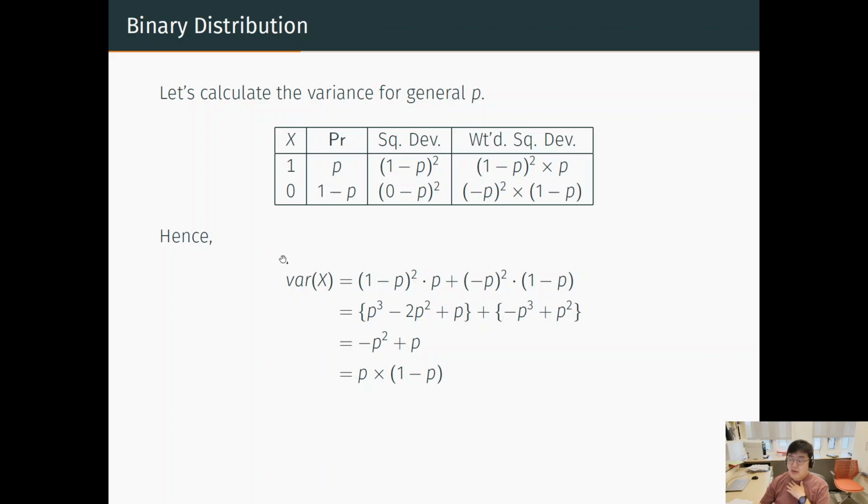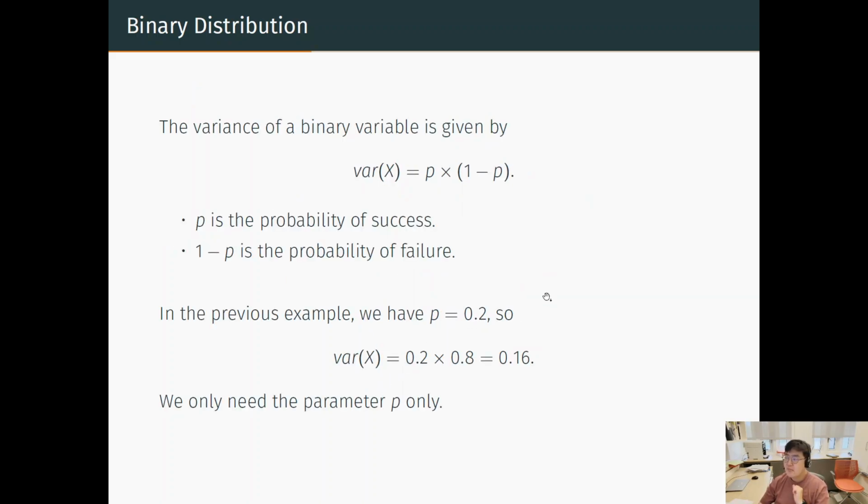In particular, I am going to interpret this as probability of success times probability of failure, right? So the variance of a binary random variable is success probability times failure probability. That is how we formulate the variance of a binary variable.